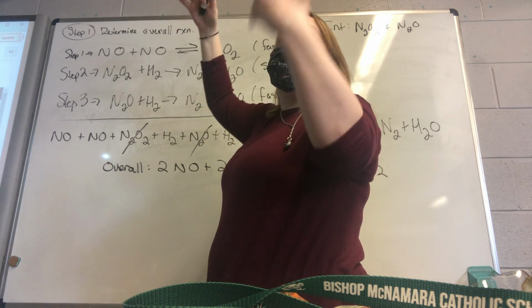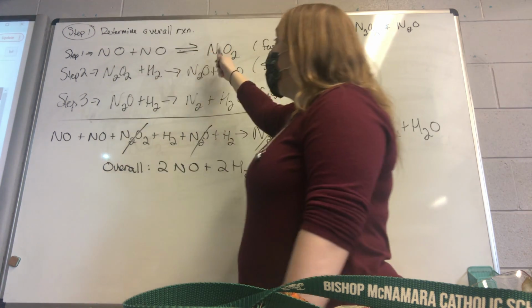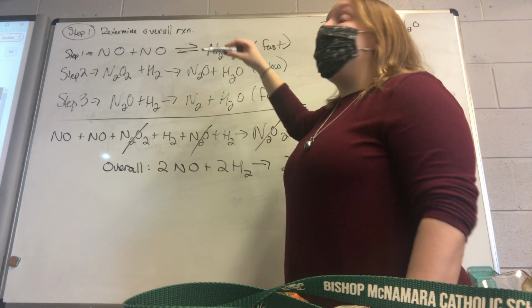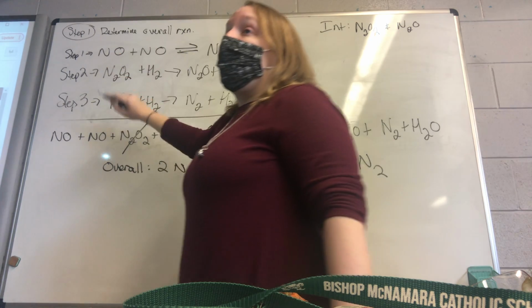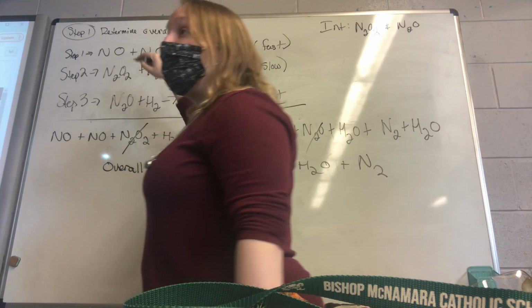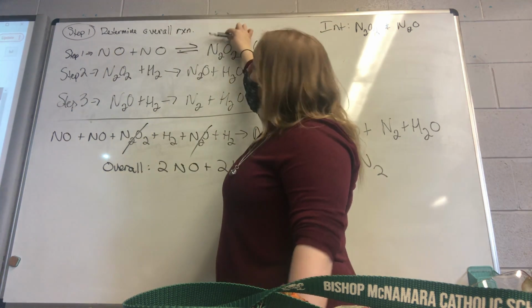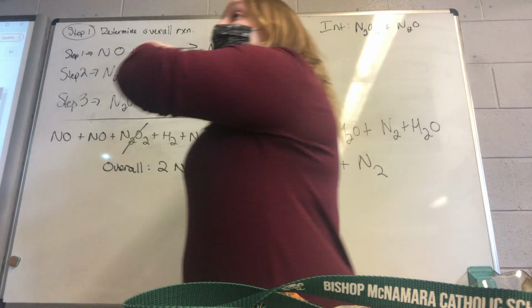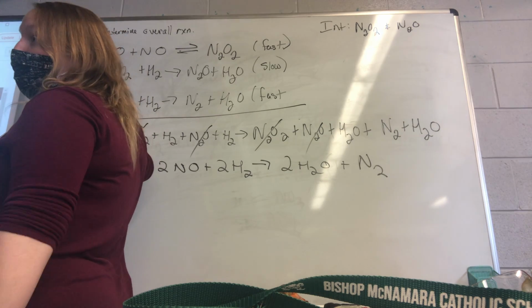If you're looking for an intermediate, you're looking for something that is produced first and then sometime later gets used up. So you're looking at these reactions like they have to be done in order. If this is step 1, it would have to be produced in either step 1 or step 2, then used in either step 2 or step 3.